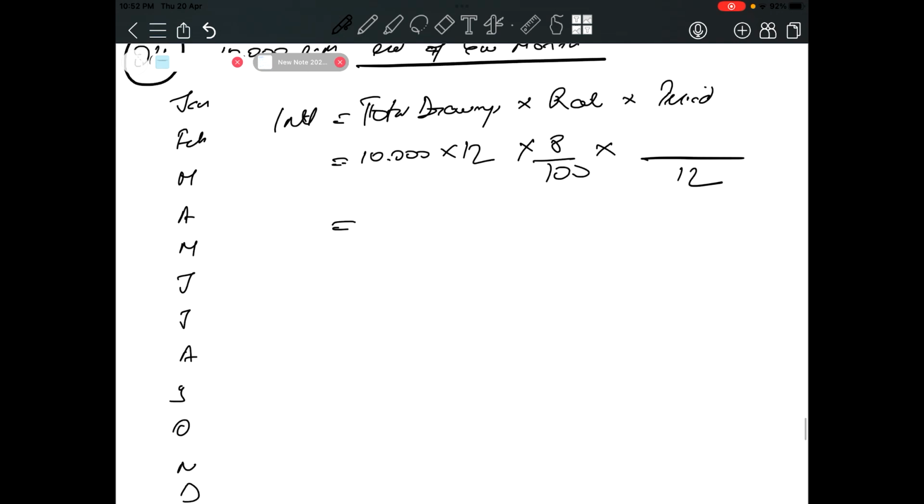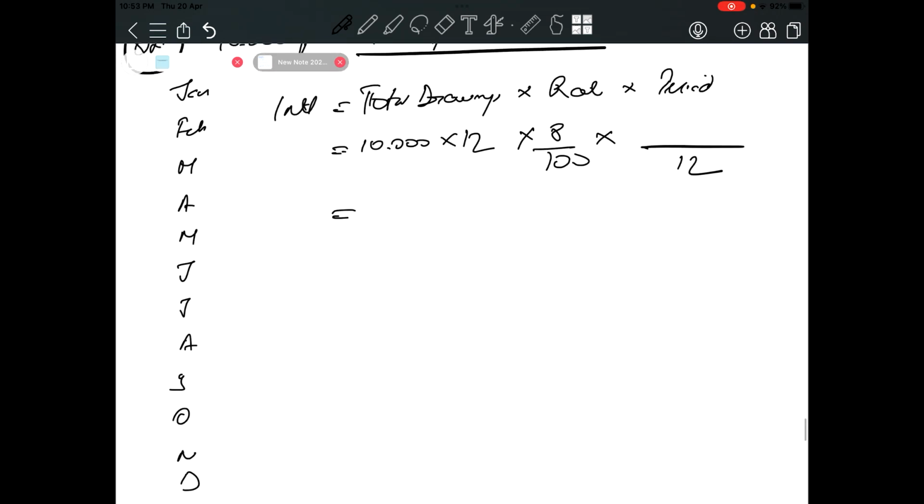For calculating the period we will use the average method, the average period. How will you calculate the average period?